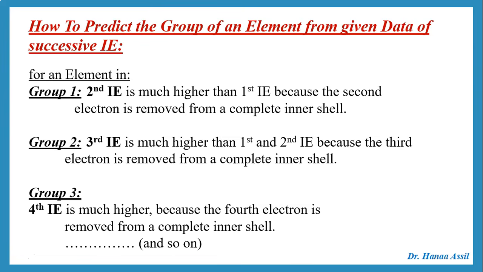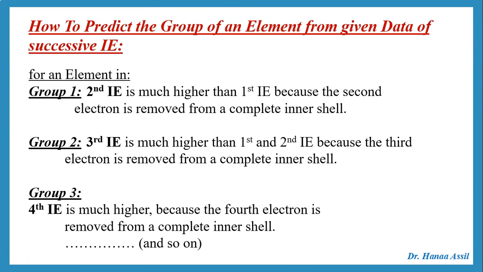But if I try to remove a third electron, I'm going into a shell that is nearer to the nucleus, which is complete and stable, more strongly attracted to the nucleus, so there will be a huge jump in the third ionization energy.